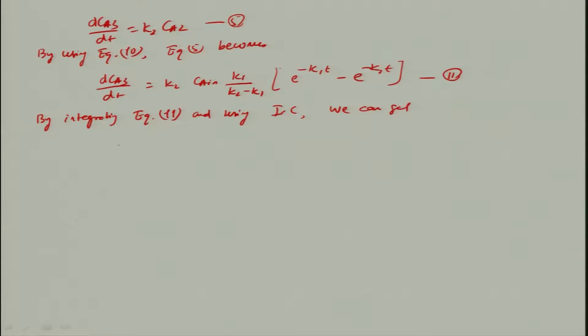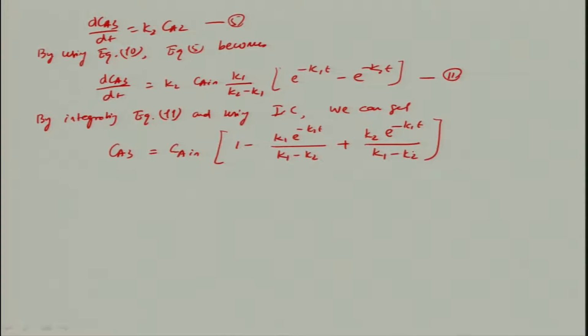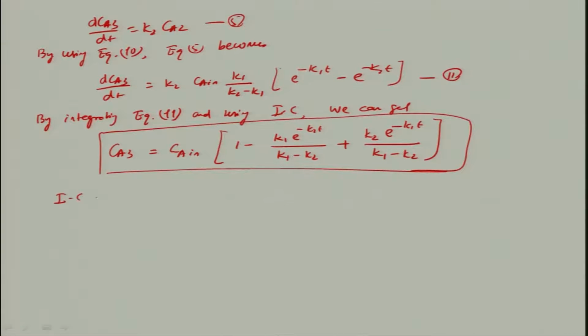and using the initial condition, I am omitting some steps, we can get CA3 is equal to CA1 in times K1 e to the power minus K2 T divided by K1 minus K2 plus K2 e to the power minus K1 T divided by K1 minus K2. You will get this expression. Using the initial condition here, at T equal to 0, CA1 is CA1 initial, and CA2 is 0 and CA3 is 0.